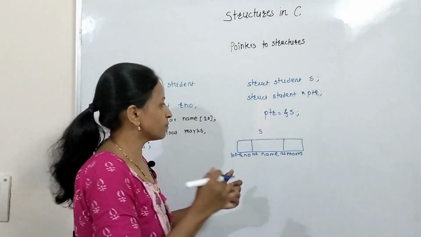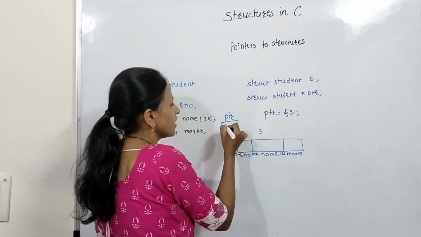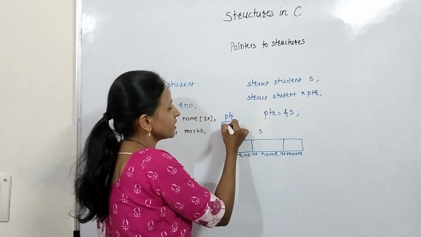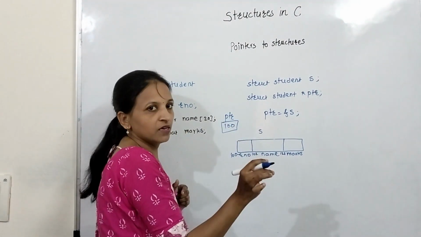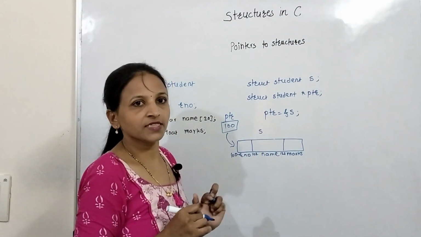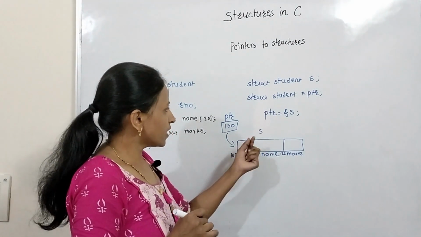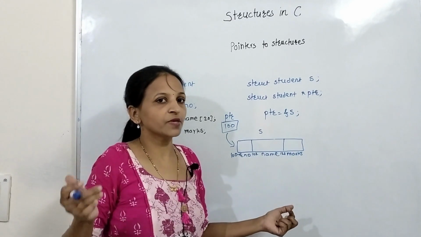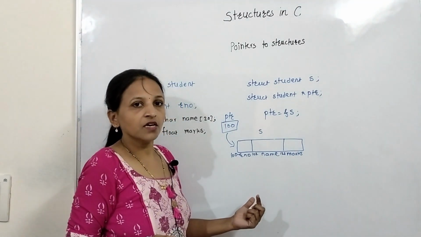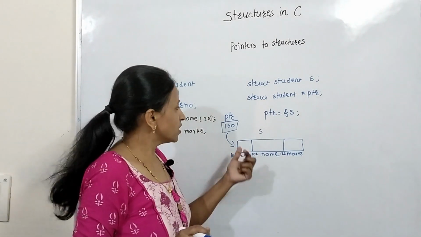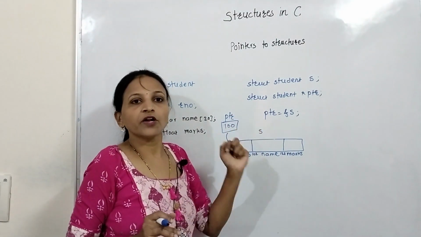For ptr some memory will get allocated and it will hold the base address of that structure variable. Now ptr is pointing to this s, means we can fetch individual members of that s structure with the help of the dot operator, and also we can fetch data using that pointer.